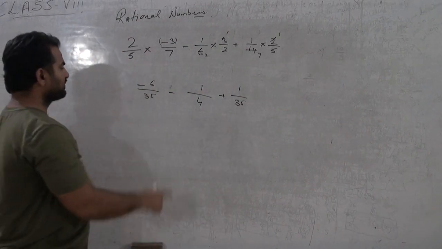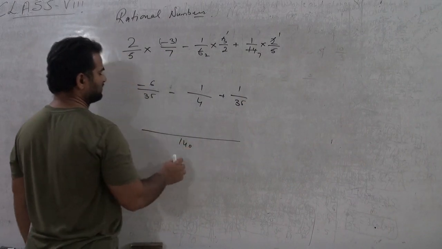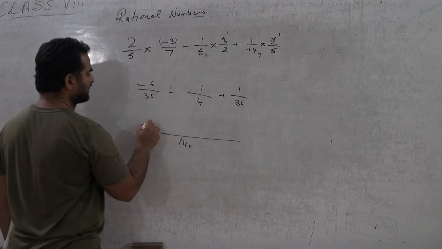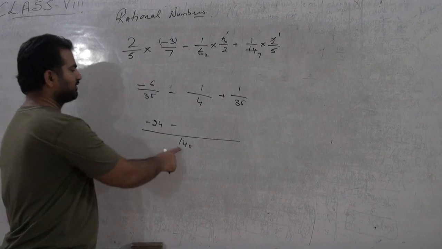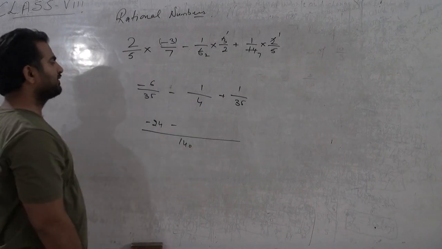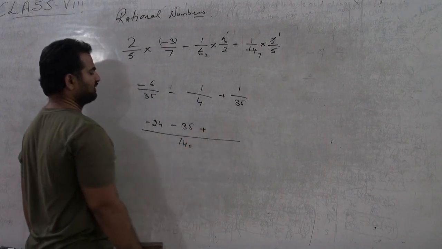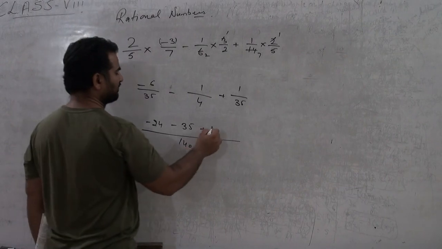Okay. So LCM of 35 and 4 will be 140. So 140 divided by 35, it will be 4. 4 into 6 is minus 24. Then 140 divided by 4, it will be 35. 35 into 1 will be 35, plus 120 divided by 35, it will be 4, and 4 into 1 will be 4.